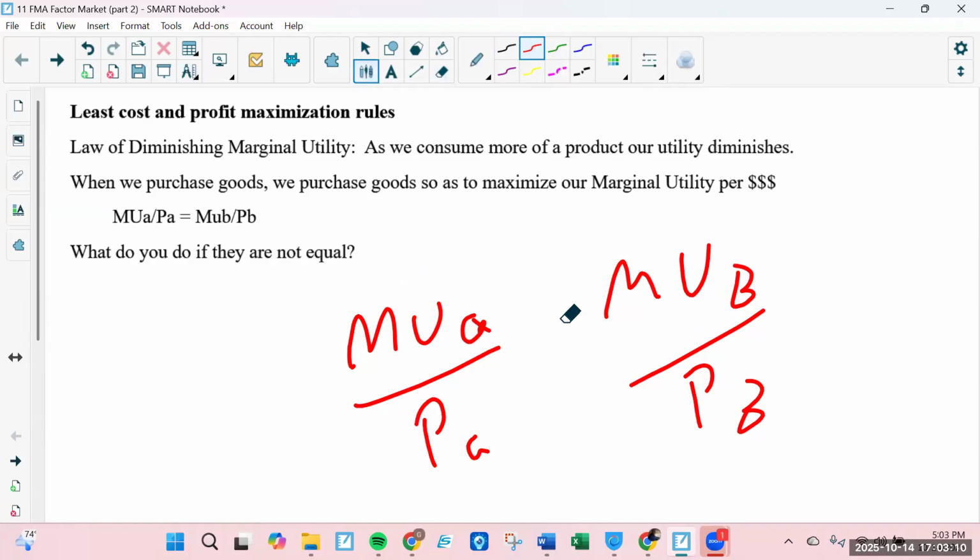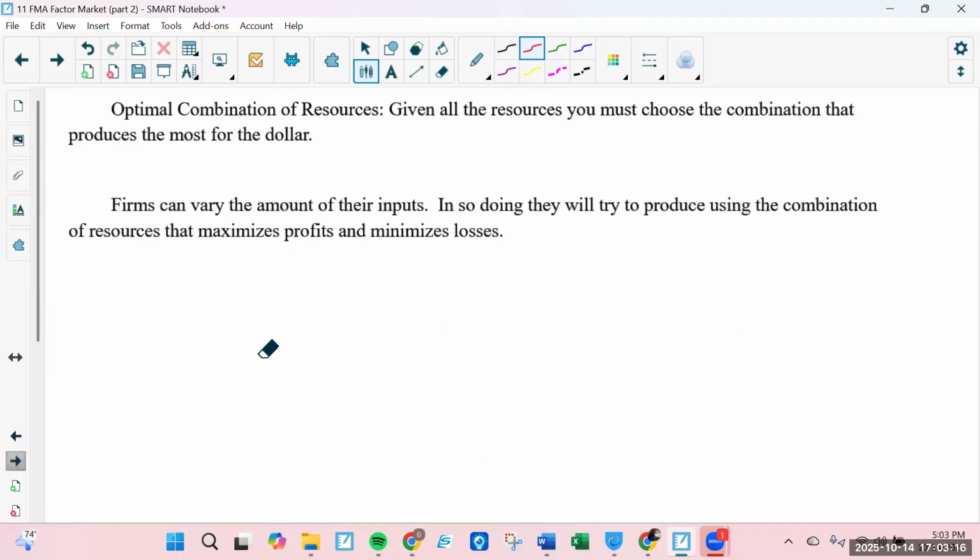Okay, so what we're going to look at now for the least cost rule is this exact same concept, but we're not dealing with utility. What we're trying to decide is the optimal combination of resources. The two resources we usually deal with are labor and capital: how many workers and how many machines. And you can vary that amount.